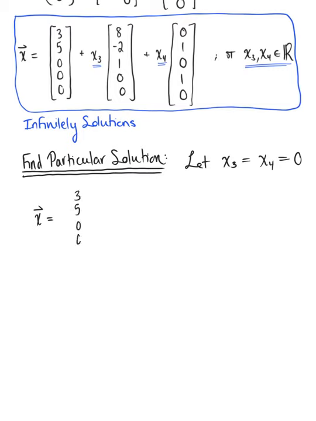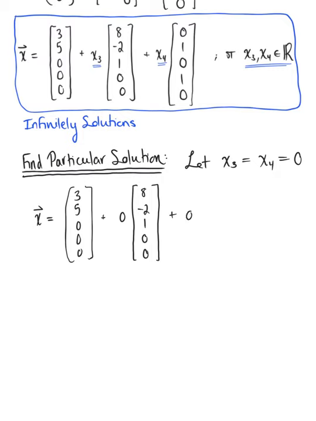So letting our two free variables be 0, a particular solution will be that constant vector 3, 5, 0, 0, 0 plus 0 for x sub 3 multiplied by the column vector 8, negative 2, 1, 0, 0 plus 0 for x sub 4 multiplied by the column vector 0, 1, 0, 1, 0.